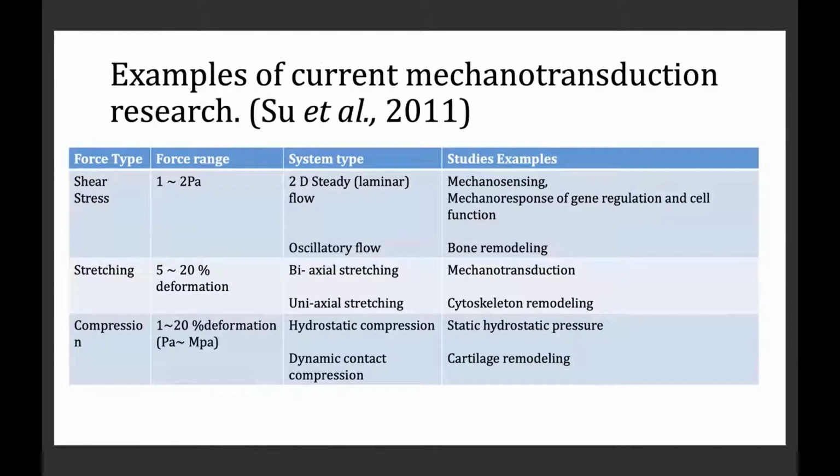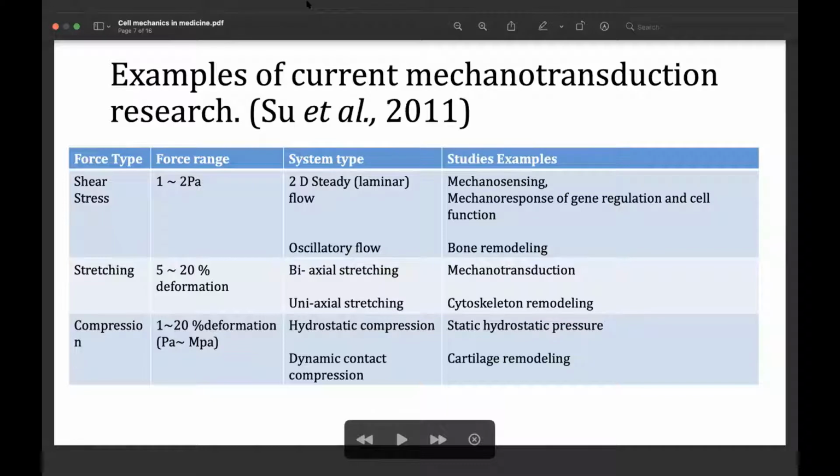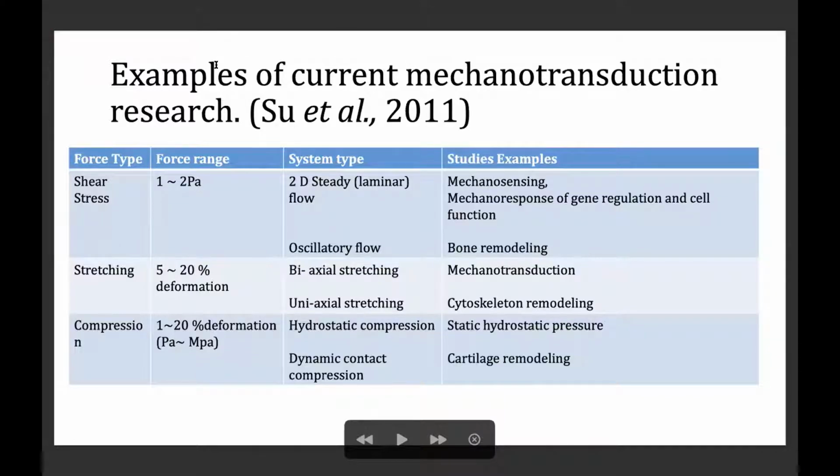So examples of current experiments under mechanotransduction are when you apply a shear stress. Like I said earlier, with the laminar flow, when the blood flows through the vessels, you'll be able to sense the mechanical properties, and you'll also be able to use that method to examine or regulate the genes of the cells. And then we have other things there. You can actually stretch a cell.